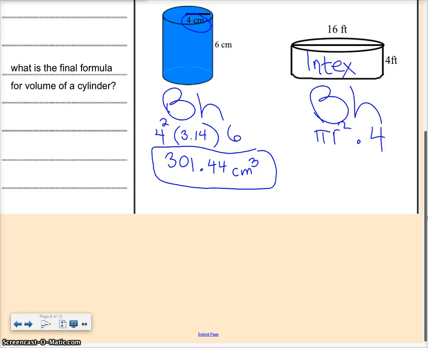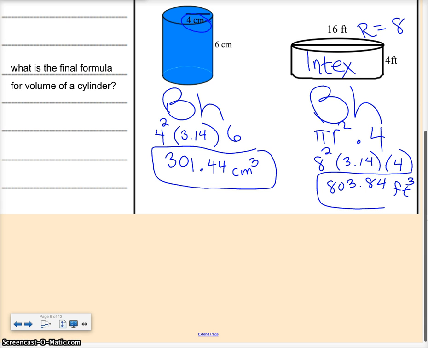So if my diameter is 16, what is my radius? 8. Yep, my radius is 8. So now I can do it. 8 squared times 3.14 times 4. And that gives you 803.84 cubic feet to fill up that pool, if it was a pool.